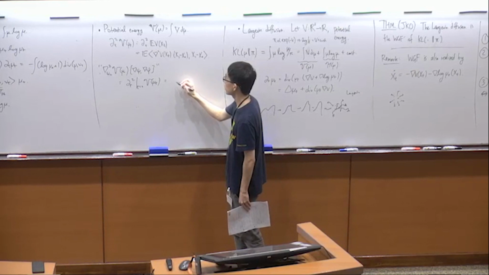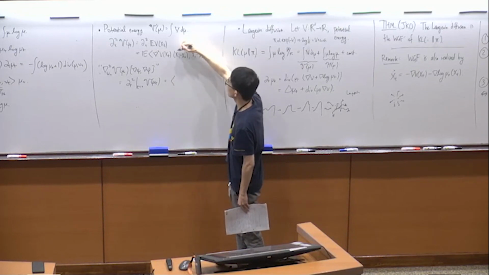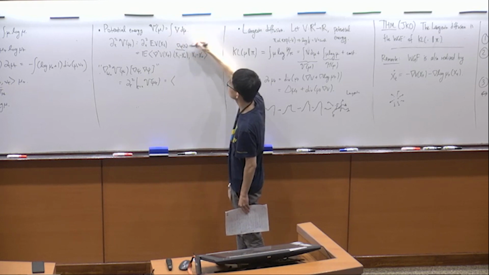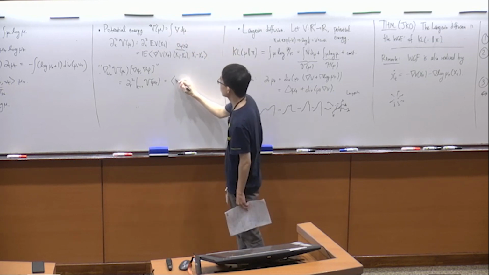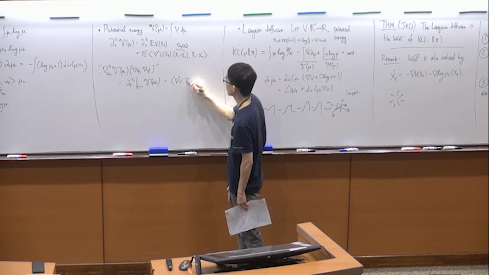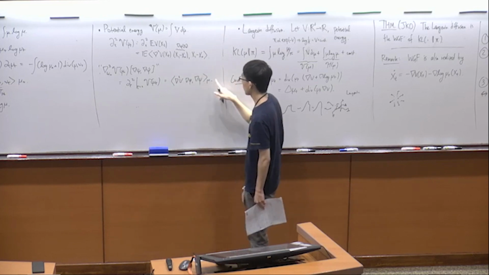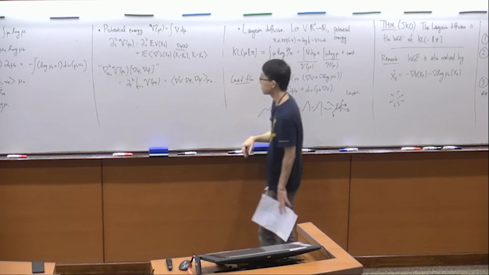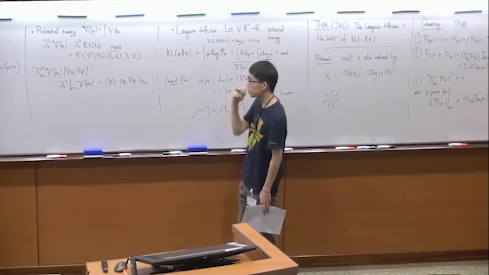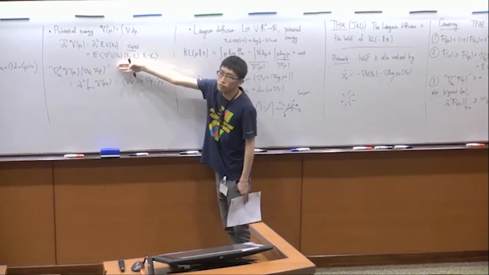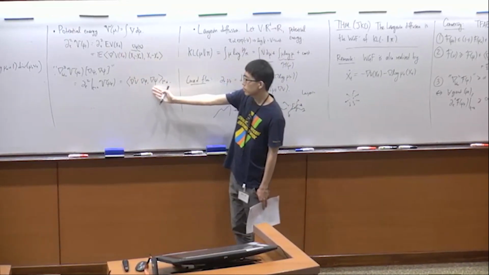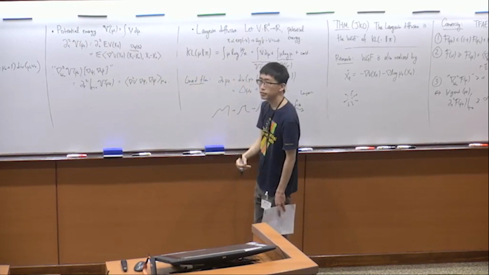And we just said that this is equal to the Hessian of V applied to grad psi of x0, integrated against mu0. Okay, so this quadratic form for the Hessian is this guy.